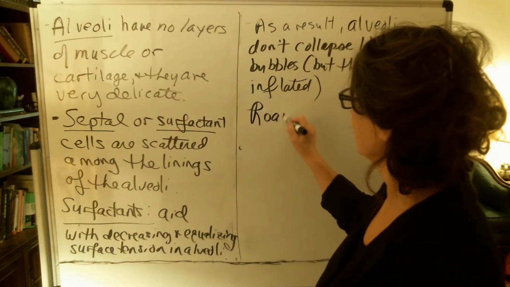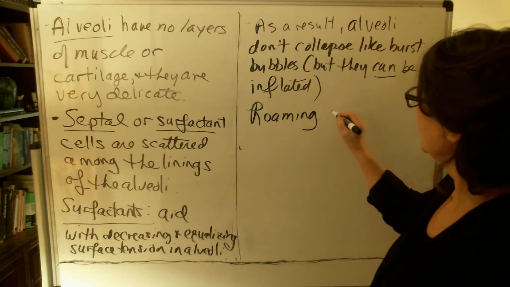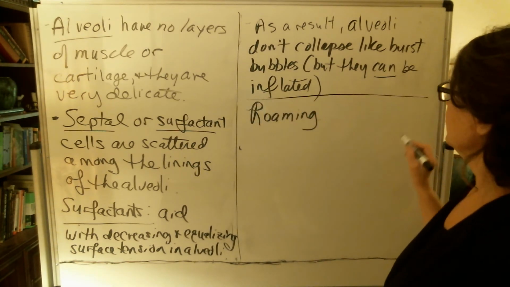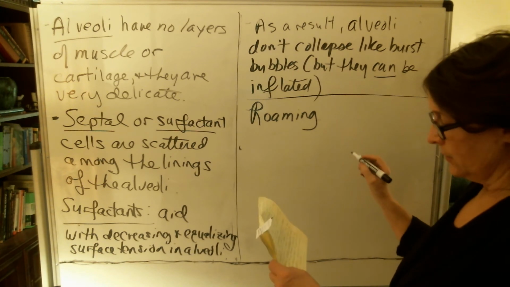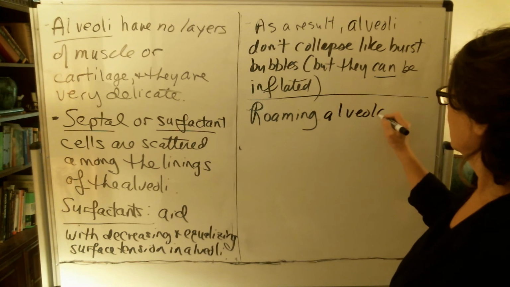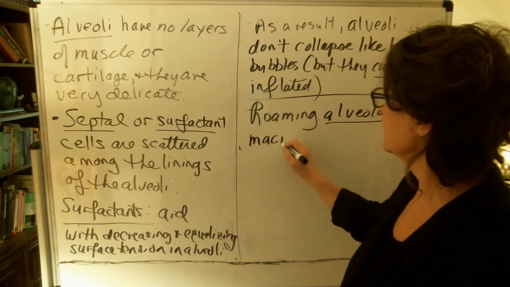And then roaming, this is different now. We're now off of surfactants here. We also have roaming alveolar macrophages.